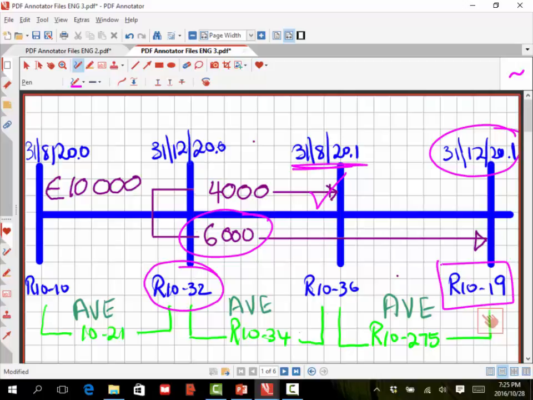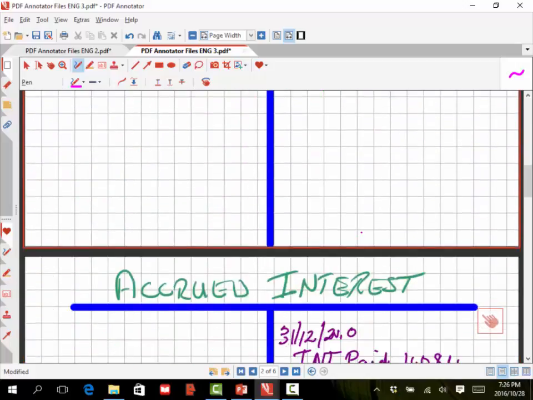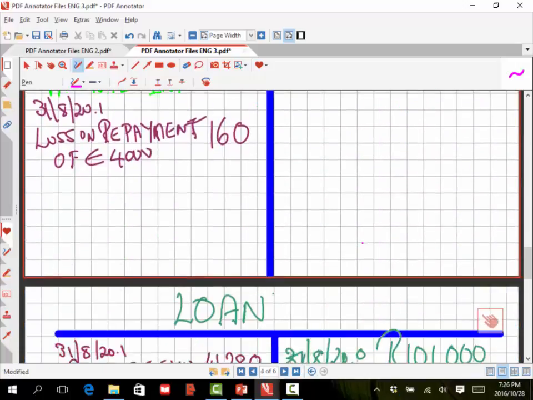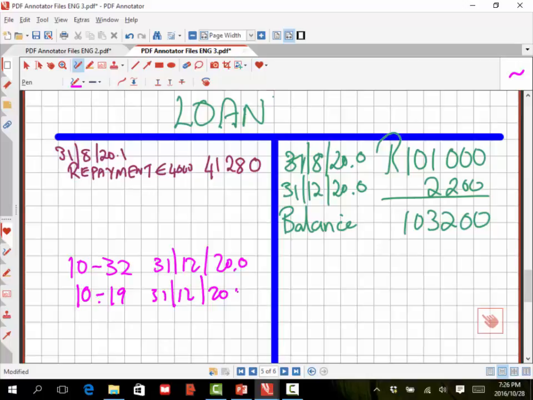And now at year end, we must now go and translate it at 10 Rand 19. As you can see, the difference there will be our foreign exchange adjustment. So let us do the calculation. The loan, 10.32 was the rate at 31/12/20.0, and the new rate is now 10.19 on 31/12/20.1.